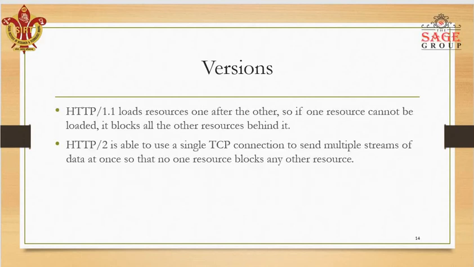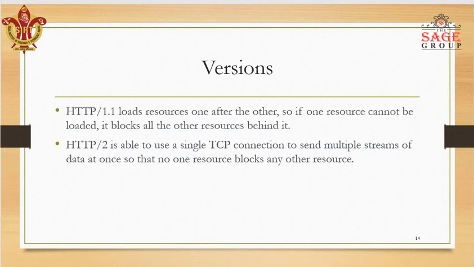Now the versions of HTTP. There are many versions between HTTP 1.1 and HTTP 2, but these two are the major versions available for HTTP that work differently while establishing communication. HTTP 1.1 loads resources into memory one after another according to the queue.